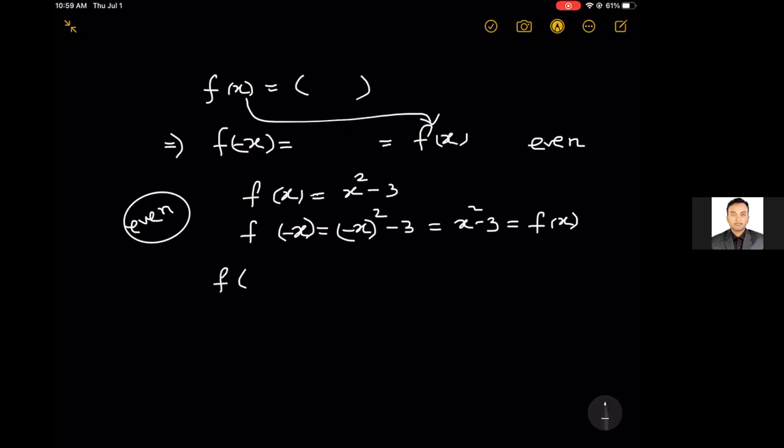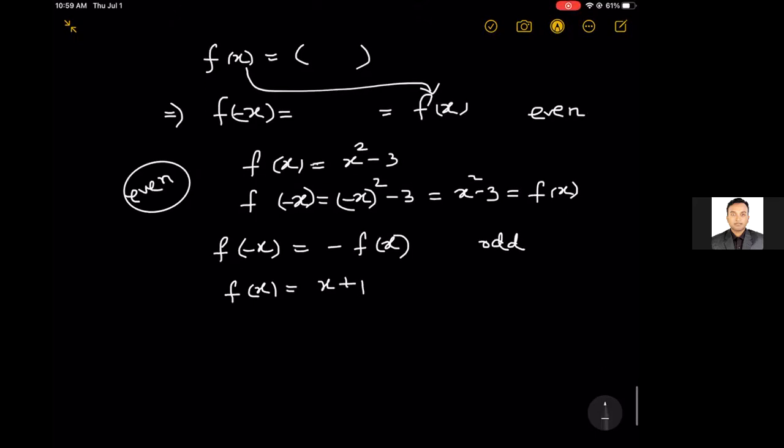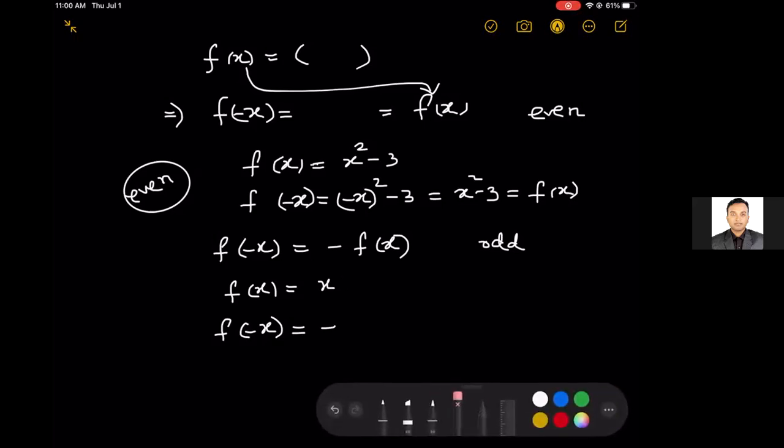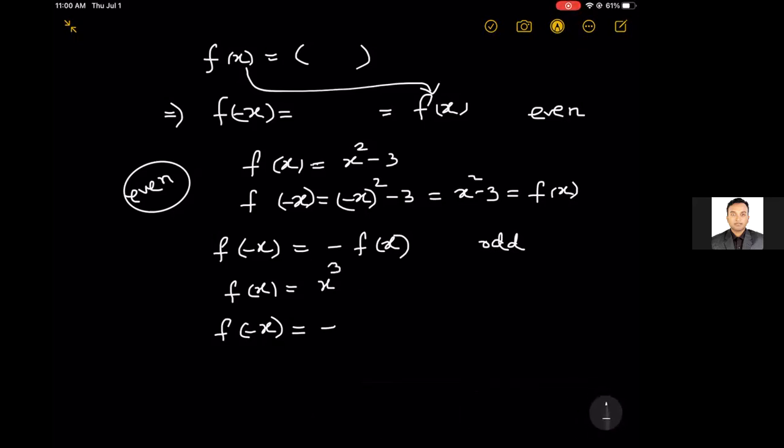But if we replace it by a negative x, and in return we get the negative of what we had initially, then we call it an odd function. One good example would be, let's try this one, x cubed.